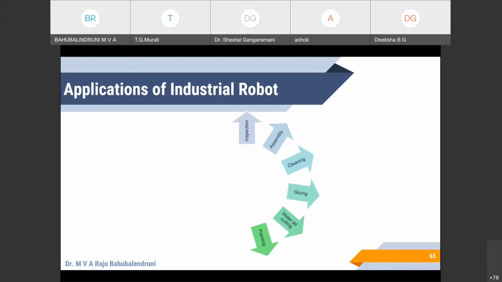If you want to paint such big equipment, it cannot be done by humans. So mostly robots are used for painting aircraft and automotive transportation vehicles, where you can get a uniform layer thickness with high precision.